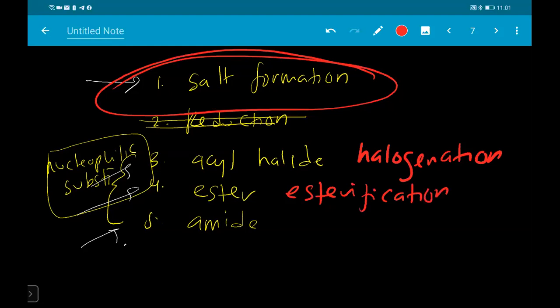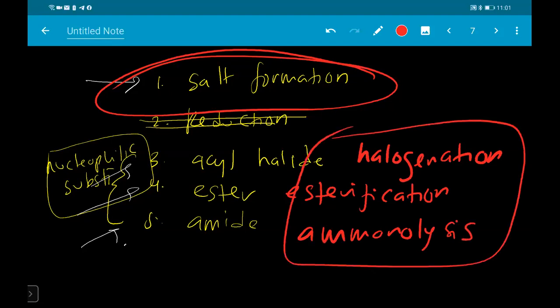Amide is the ammonolysis. Ini adalah the names of reactions which share the same mechanism, which is nucleophilic substitution. Can we use the approach of nucleophilic substitution in order to determine the salt formation product? Ya boleh, tapi ingat kaedah tu kalau you nak explain mechanism tak tepat.